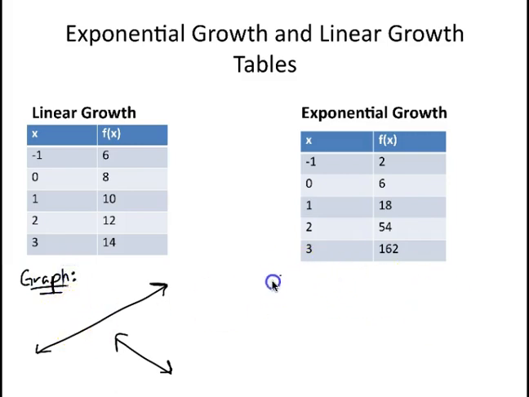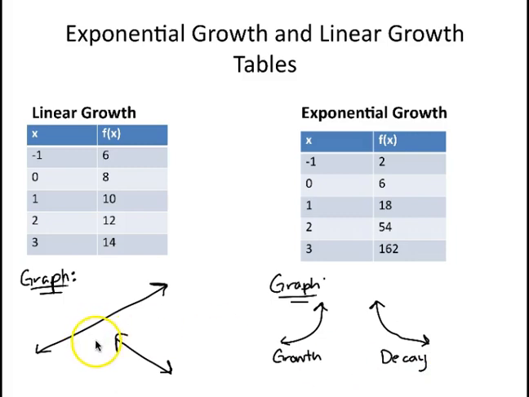Whereas exponential functions, when we graph exponential functions, we're not going to get a straight line anymore. We're either going to get a shape like this, or it's going to look like this. So this one shows exponential growth, where this one shows exponential decay.